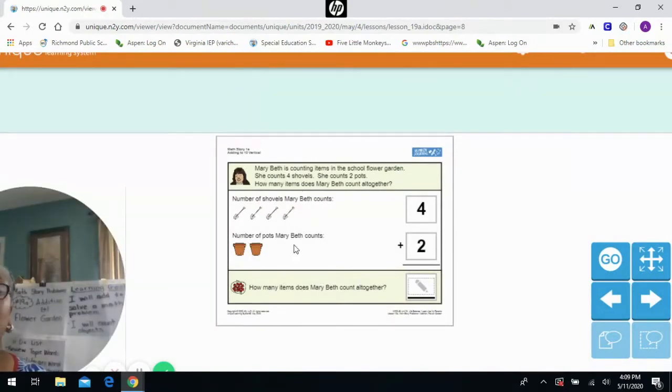All right, so let's begin with addition. Mary Beth is counting items in the school flower garden. She counts 4 shovels. She counts 2 pots. How many items does Mary Beth count all together?